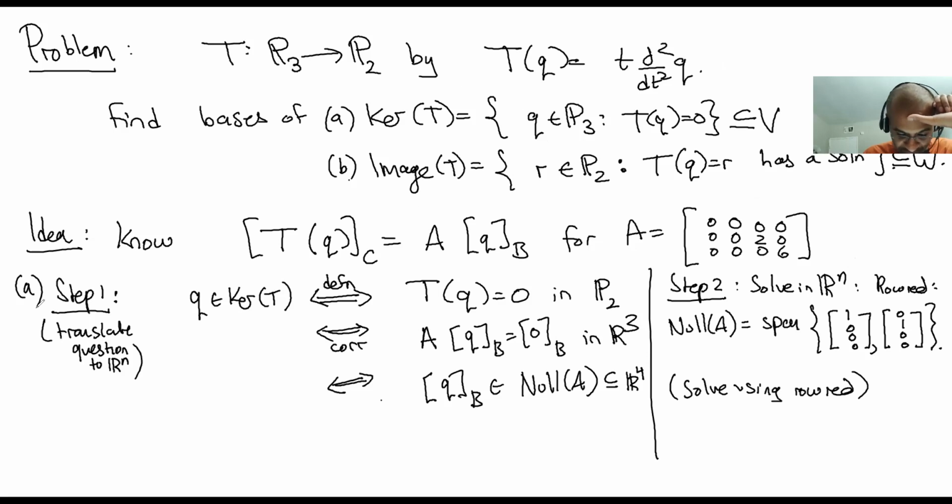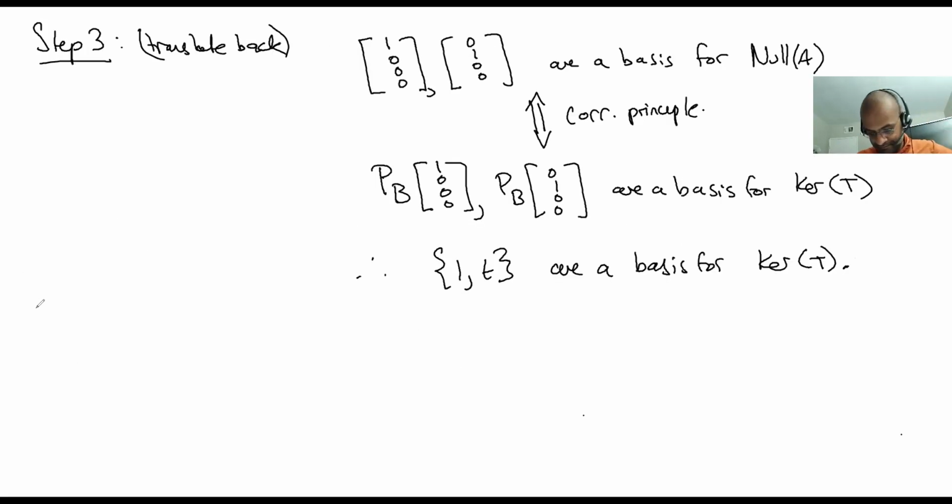We turned it into a null space problem. And the whole point was that these isomorphisms let us go down, solve the problem down there, and then go back up without losing anything. So any questions about that?